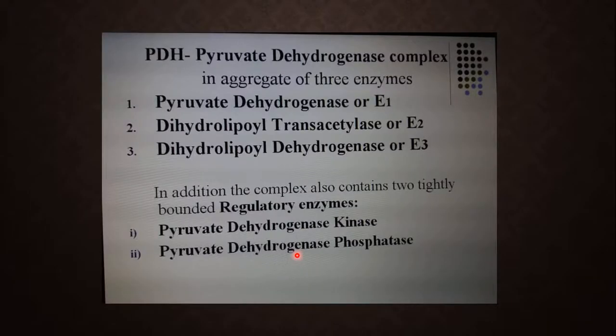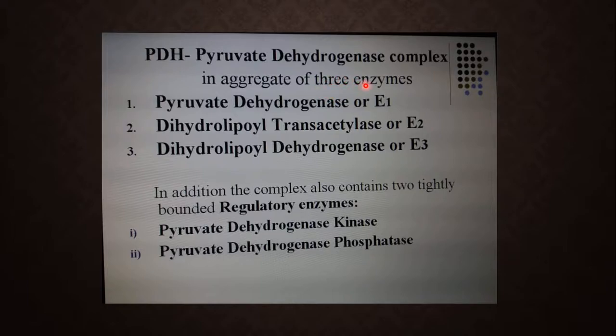Why do we call it a complex? Now this is the pyruvate dehydrogenase complex. You see, it is an aggregate of three enzymes. I call it a complex because a number of enzymes are involved here, and each enzyme has its importance.